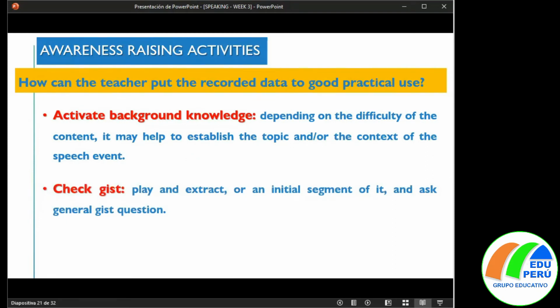So remember, what was the meaning of gist? Can you remember? Gist? Remember, we talked about this? Listening for gist.